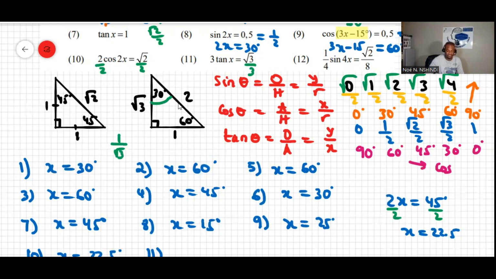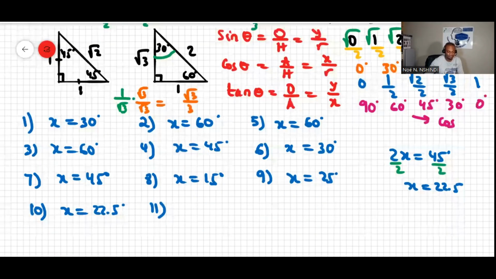And if I decide to rationalize, I multiply by root 3 on top and bottom, and then this makes root 3 over 3. So the angle used here is 30 degrees. So now we can say that x is equal to 30 degrees.